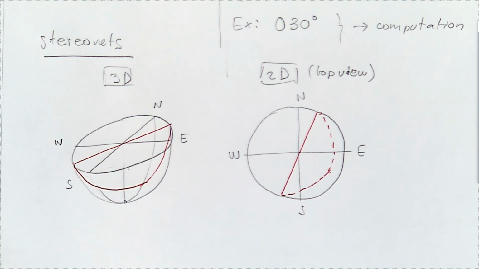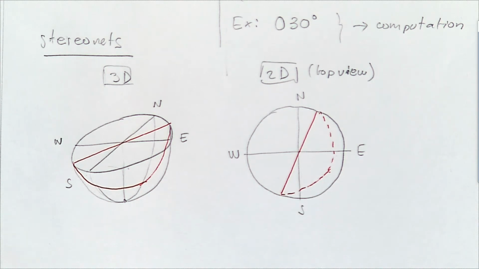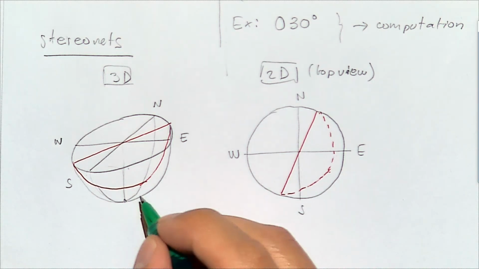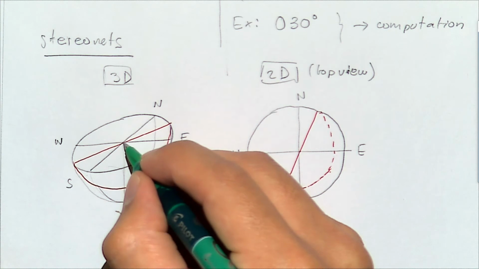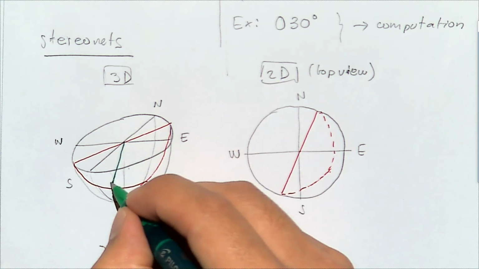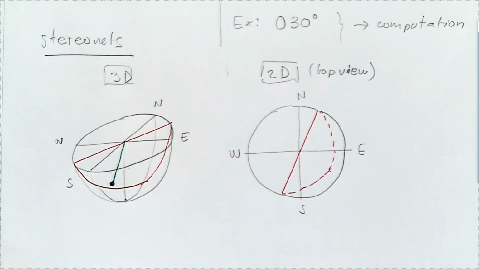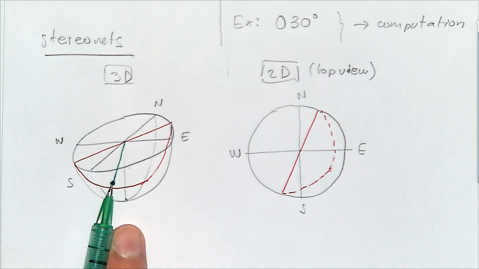And in order to do that, any plane or all planes, they have a perpendicular line to them. That's what we define them. You define a plane either with 2 lines or with 1 line perpendicular to it. And this plane is not going to be the exception. And perpendicular to this, there's going to be a line that's going to hit this lower hemisphere projection somewhere over here.